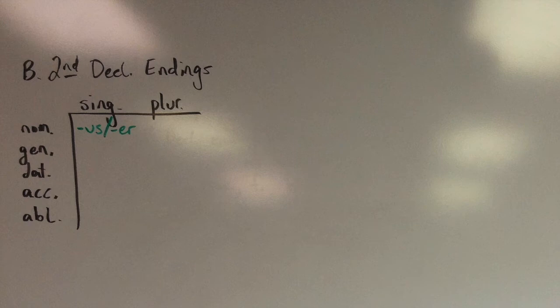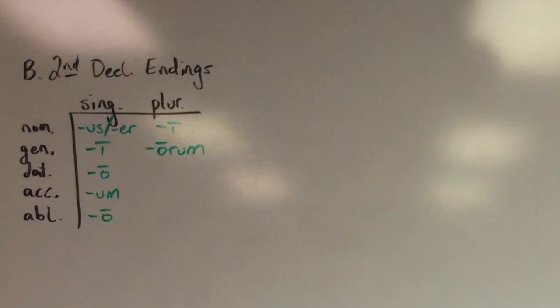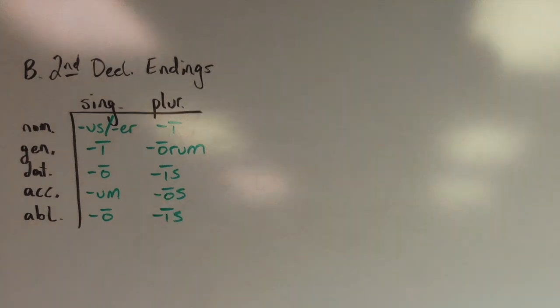The genitive will always be a long I, the dative singular will be -o, the accusative singular -um, and then the ablative singular -o. In the plural column, it'll go long I for the nominative, -orum for the genitive, -is for the dative, just like in the first declension, -os for the accusative, and then ablative is again -is. You won't be responsible for any of the long marks in this declension.